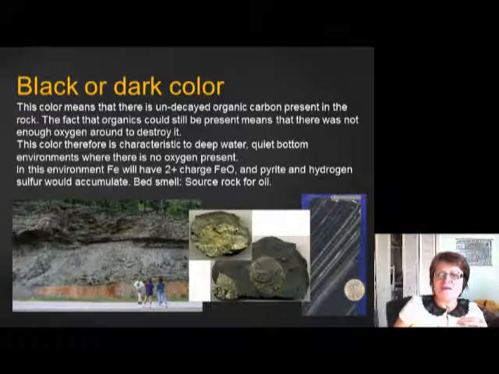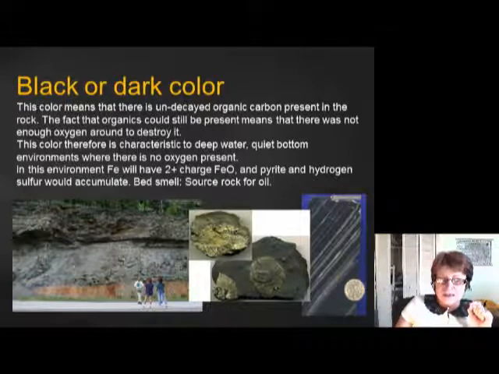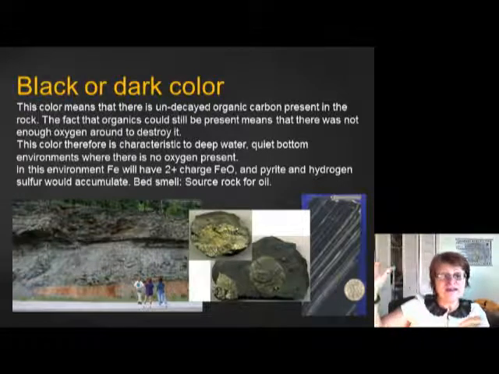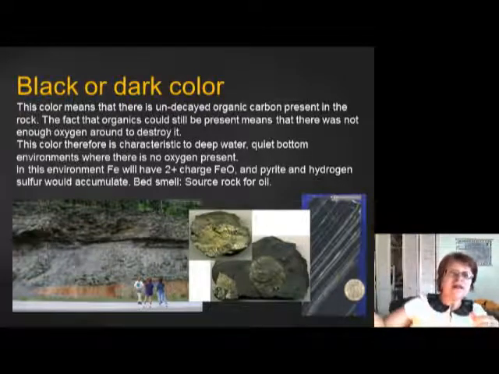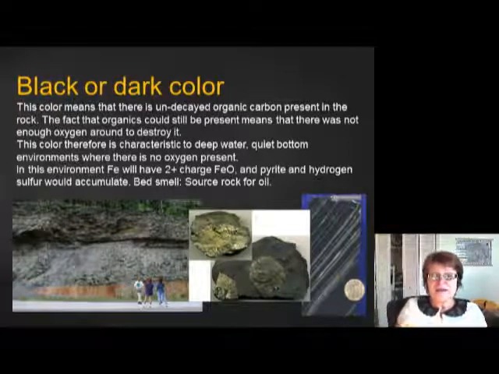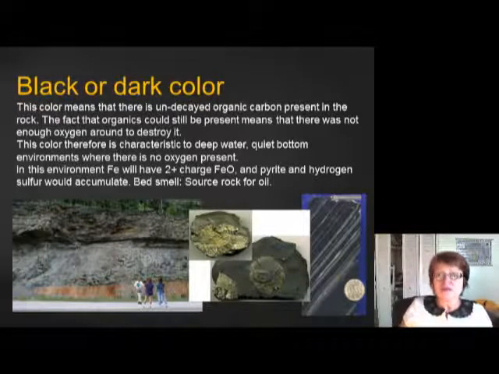The main thing is that the two positive charge iron will react with sulfur instead of oxygen. You know, when you have a lot of oxygen around, the iron will react with oxygen and will make iron oxide, which usually is red or brown.